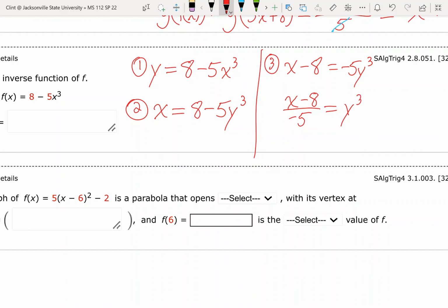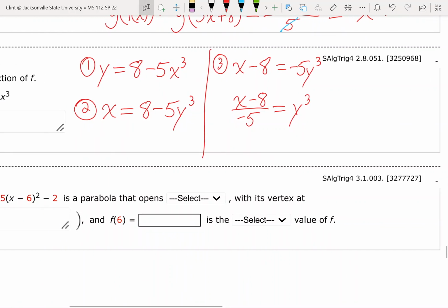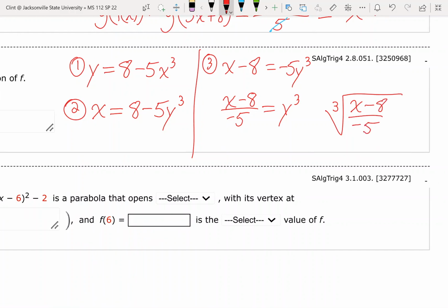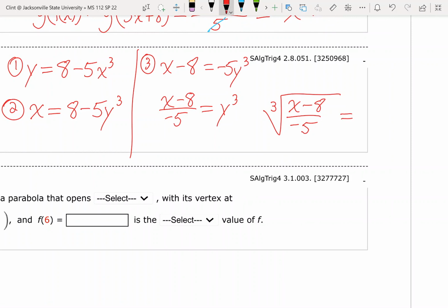We've got y to the 3rd power, y cubed. So what can we do to get rid of that 3rd power? Cube root. So we'll do the 3rd root. We'll have cube root of x minus 8 over -5 equals y. So this is our inverse function.